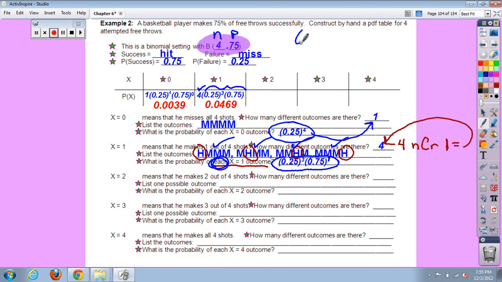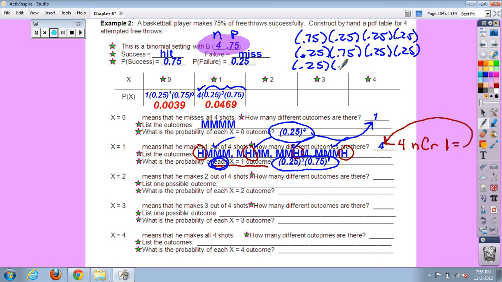The 0.75 in your 4 different ways is just going to be moved around here. So here he makes the first, misses the second, misses the third, misses the 4th, versus misses the first, makes the second, misses the third, misses the 4th, misses the first, misses the second, makes the third, misses the 4th.